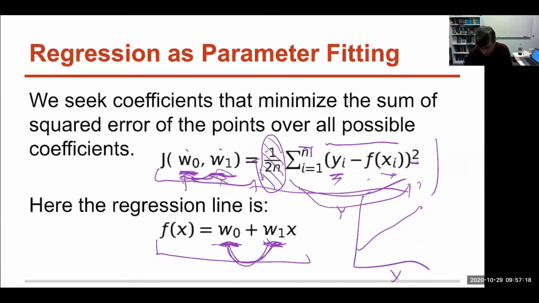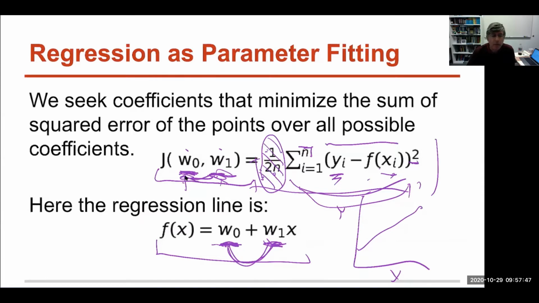And the fact that this is summed over n will essentially also create an n times something, and that will also get canceled. So we have this constant here just because it makes the derivatives simpler later on.